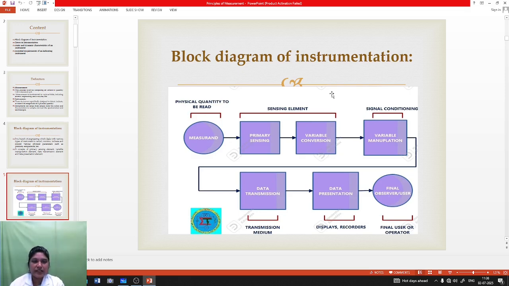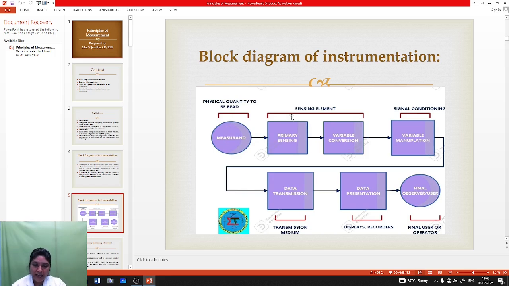Let us consider an example, the ammeter, and see how it reads the measurement and how it comes under these three stages. In an ammeter we are going to read the current measurement, so the quantity to be measured is the current.